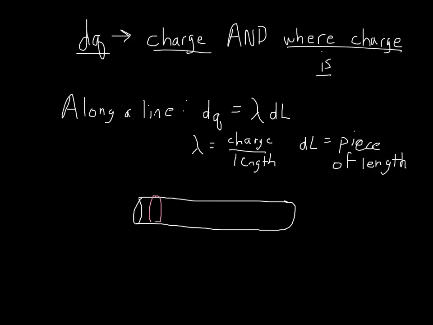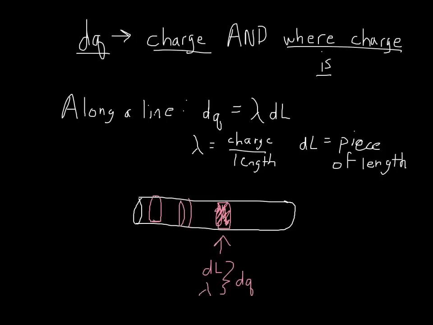Each one of these little pieces has a little length dl. Each one has some charge associated with it, some charge in that amount of length that's equal to lambda, and I can combine these two to figure out what dq is, the amount of charge that's in just this little shaded piece, just this little red piece.